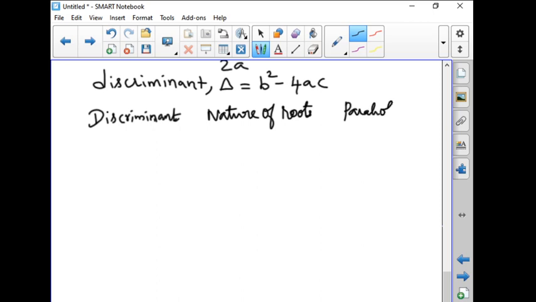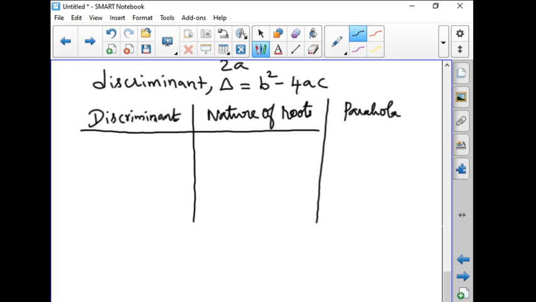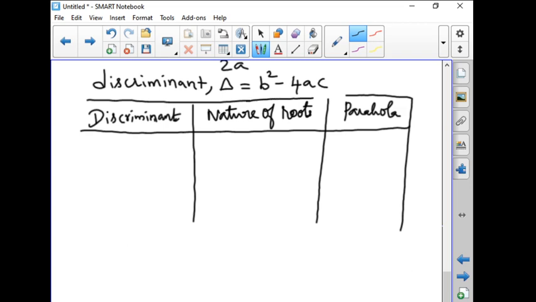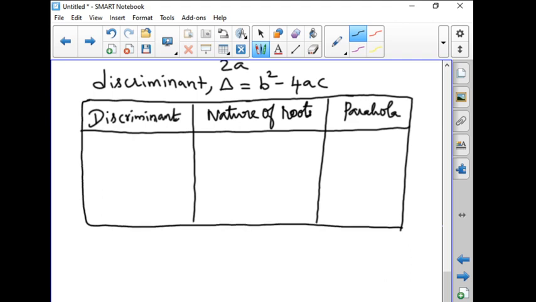That is what we are going to see. I am going to make a table for you using the discriminant value. You have studied the discriminant value in 10th standard itself, isn't it? So discriminant delta is equal to b square minus 4ac greater than 0: the nature of the roots is real and distinct.